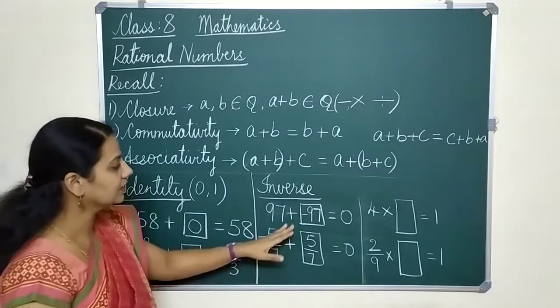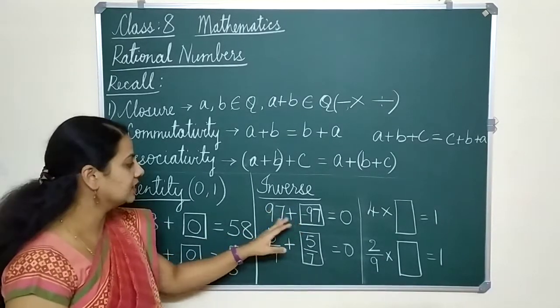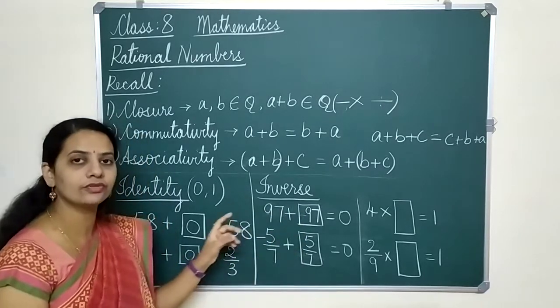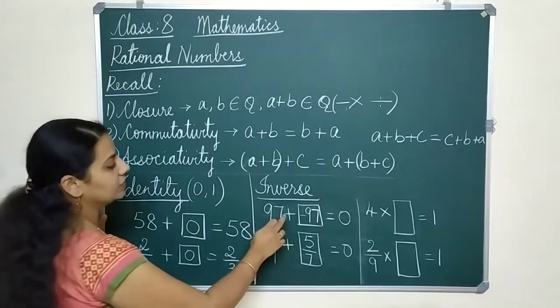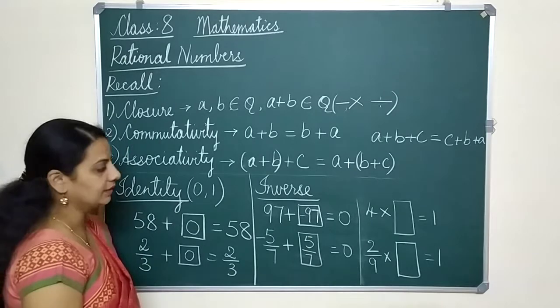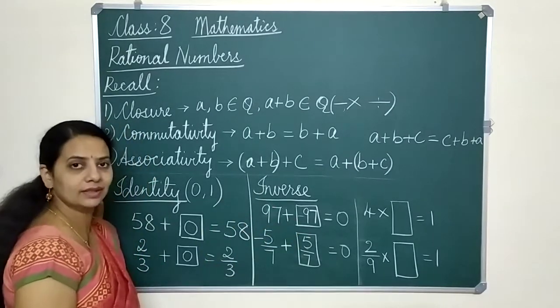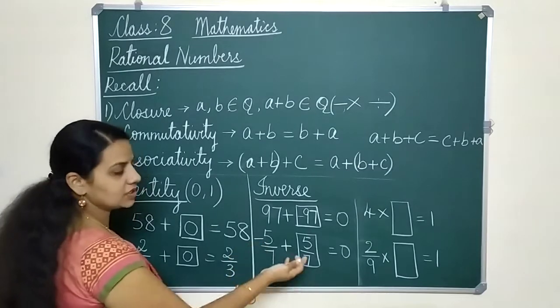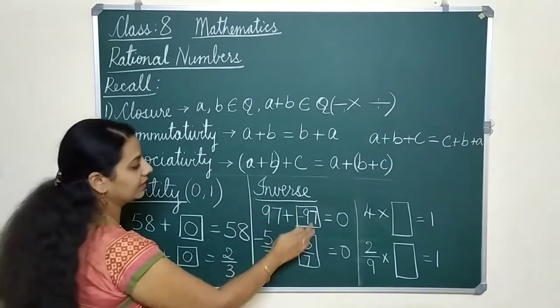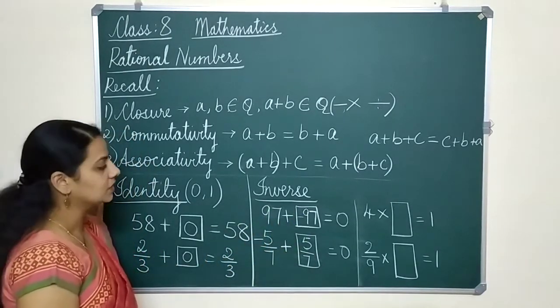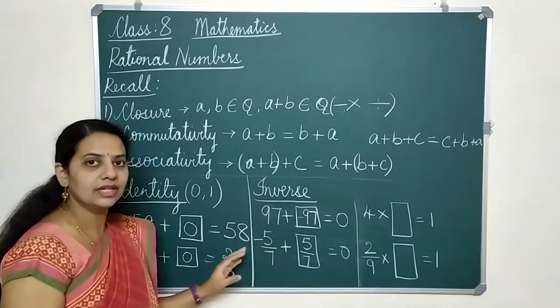So in this case we have found out the additive inverse. Only the sign changes. If you want to find the additive inverse, you just have to change the sign. If they have given plus sign, you just write minus sign, and if they have given minus sign, you just write plus sign. The number will remain as it is. So now you understood additive inverse, children.